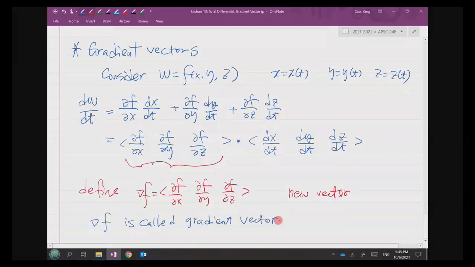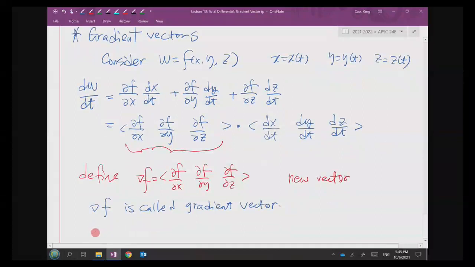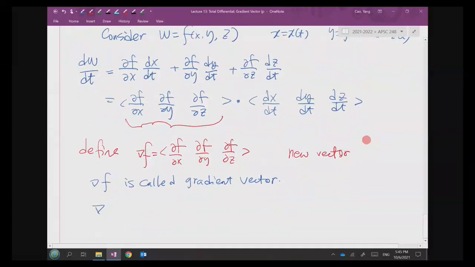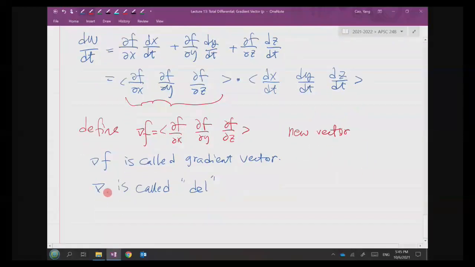There's so much usefulness for this vector. The del, I think I sort of covered in the past. So this symbol here is pronounced del, or the Greek letter nabla. So now you can see the del basically is an operator.